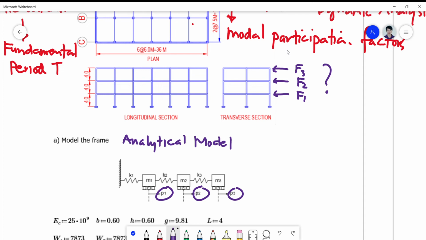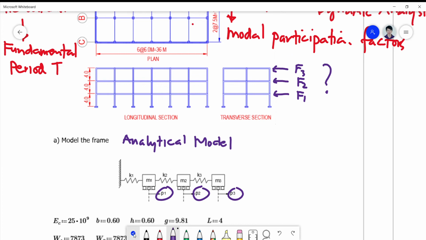So the modal participation factors is actually related to what we have discussed last meeting about the determination of the mode shape matrix and some normalization procedures to see to it that the values will be very pleasing to the eye and to the one using the data for computation.